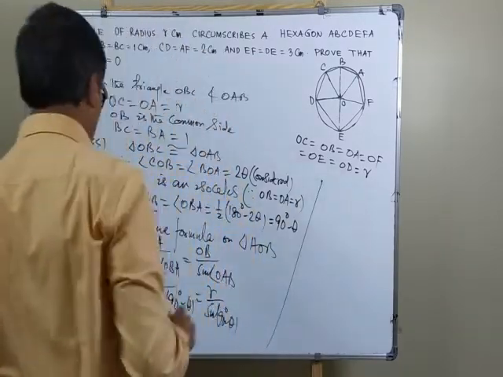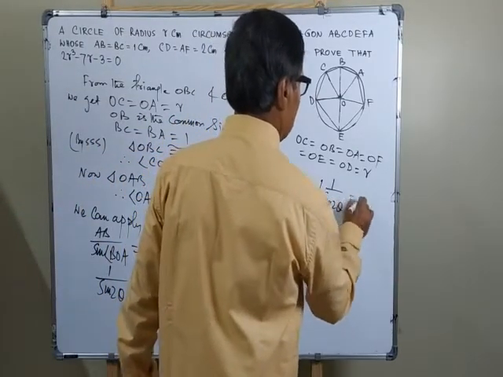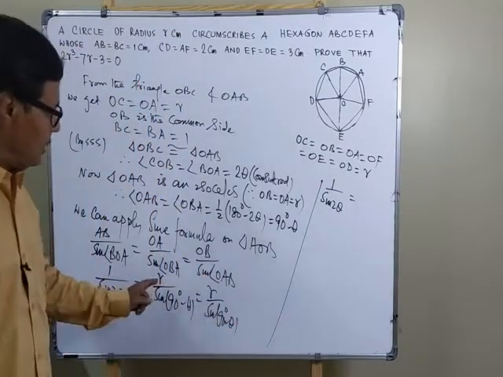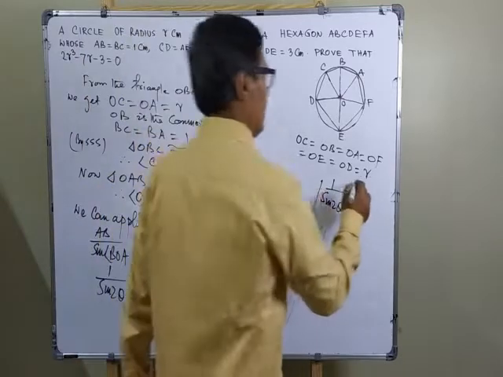So 1 over sine 2 theta is equal to R over sine of 90 minus theta.